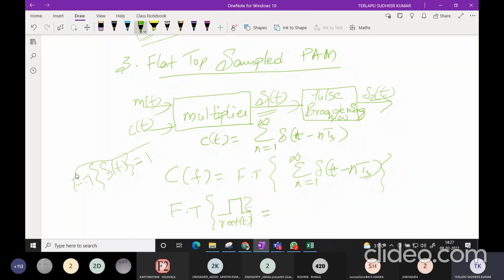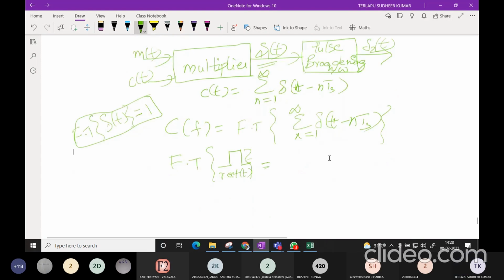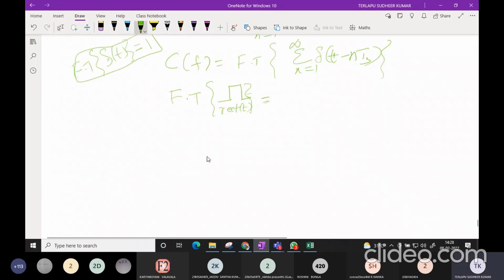Fourier transform of impulse, not only Fourier transform, you take any transformation of impulse, it is 1. But my question is, what is the Fourier transform of a rectangular pulse? Ramp signal. Ramp. Sinc function. So 1, ramp, sinc.